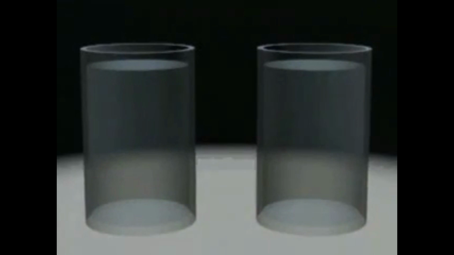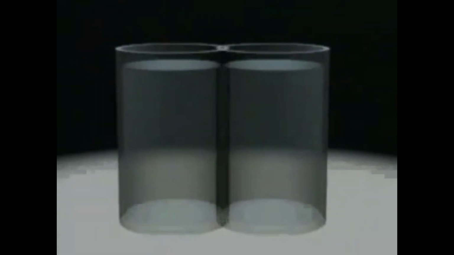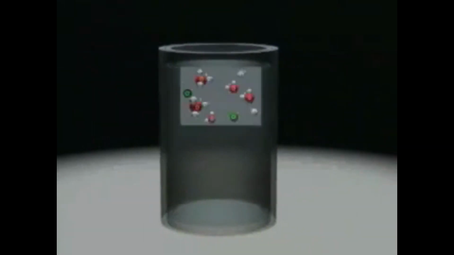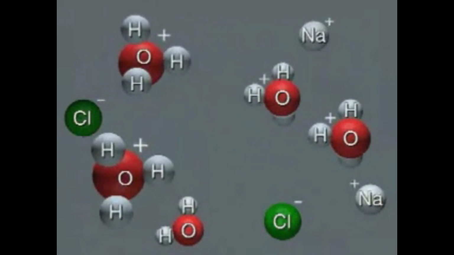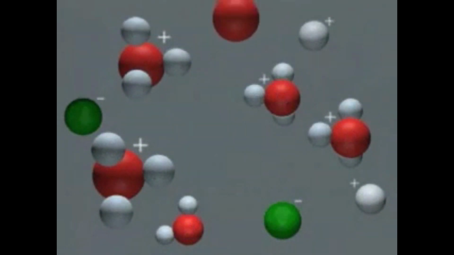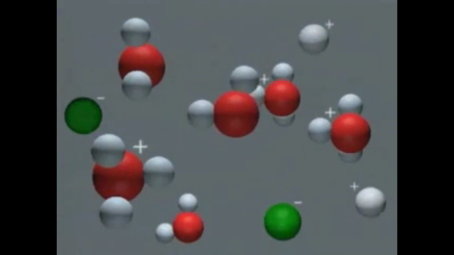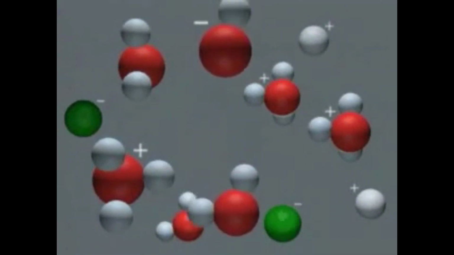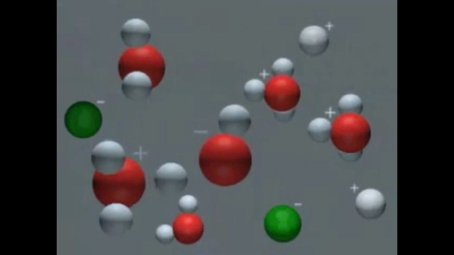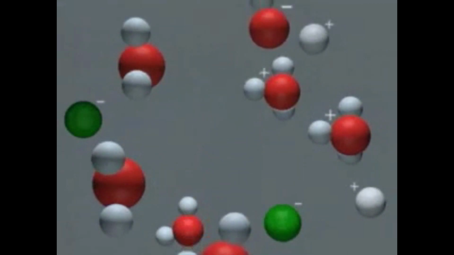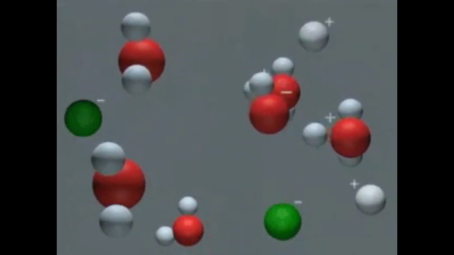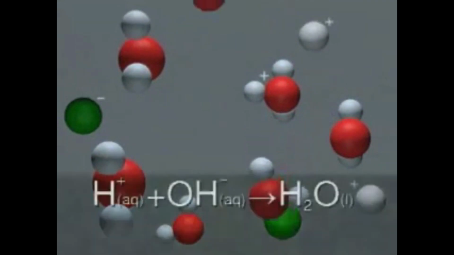When these two solutions combine, a neutralization reaction takes place. In this reaction, hydrogen ions from the acid and hydroxide ions from the base combine to form water molecules. The sodium and chloride ions are unaffected and remain to form a neutral sodium chloride solution.